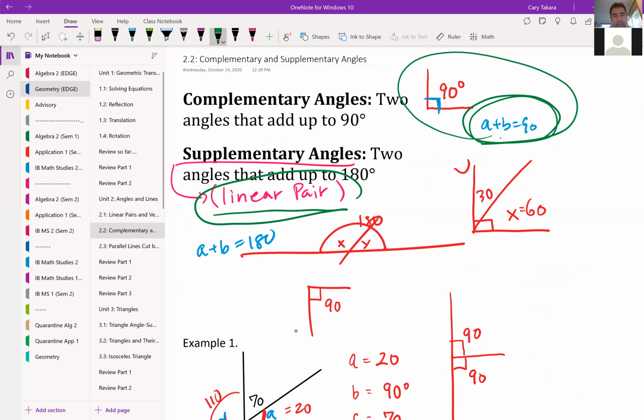It's just another name for linear pair. You can just remember that way. So supplementary angles are A plus B equals 180. Okay. So now we've got four things: linear pair, vertical angles, complementary, and supplementary.